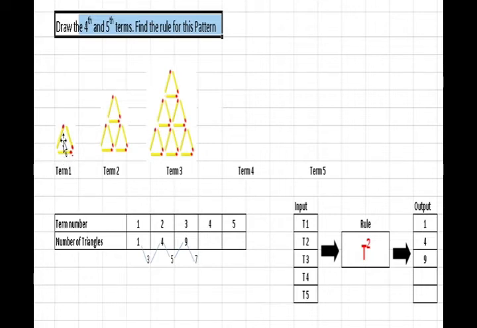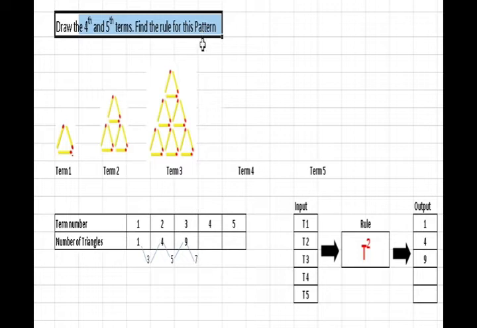What is given is a series of 3 terms. We're going to work with what is given. We have to find how this pattern is changing, and then only can we draw the fourth and the fifth terms and find the rule for this pattern.